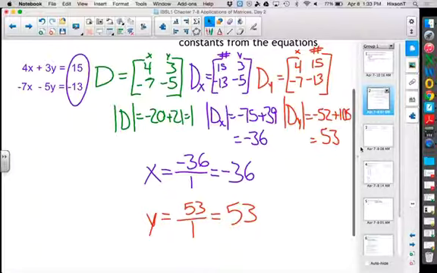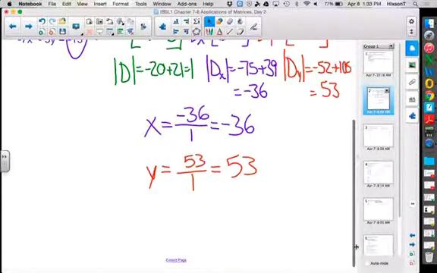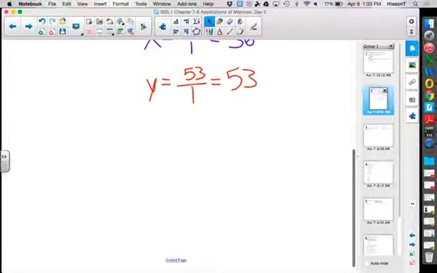So elimination would probably not be the best way of doing it, and certainly trying to do that one by substitution would be a real adventure in fractions, okay? Which we'd rather not take. So this is a perfect case of one where it's a whole lot easier to use Cramer's rule. Again, first time you've done it, it may not be as clear, but once you get the hang of it, it's not too bad.